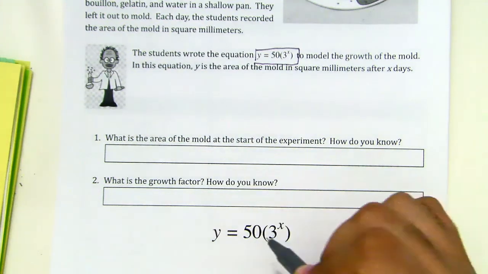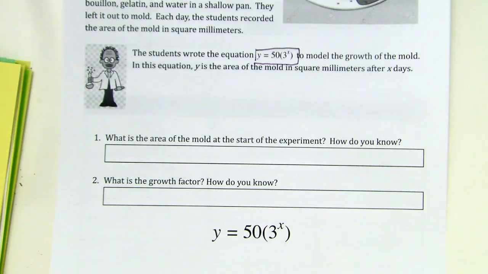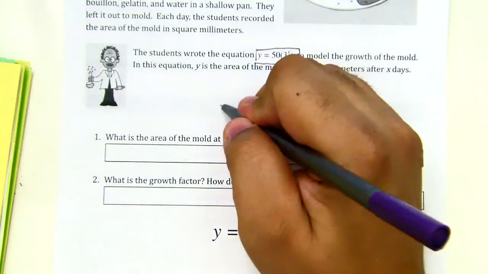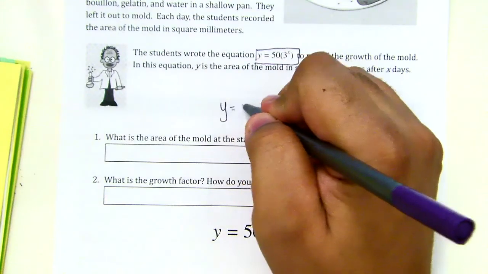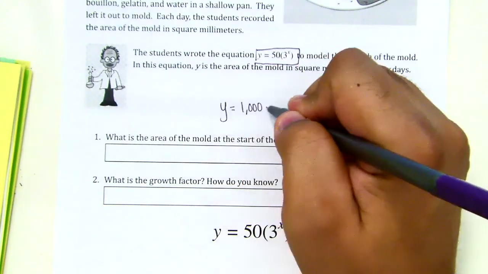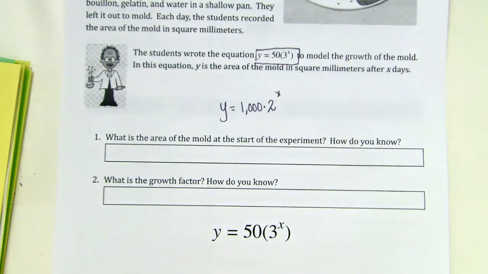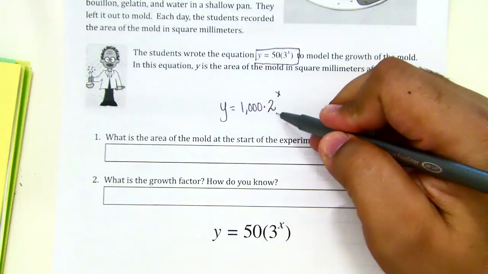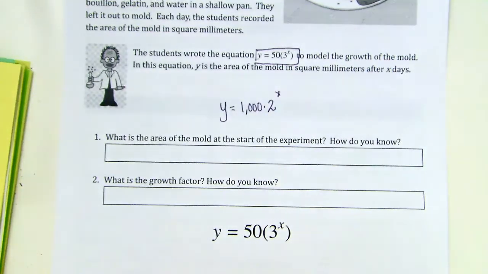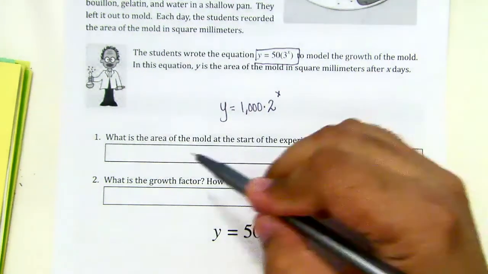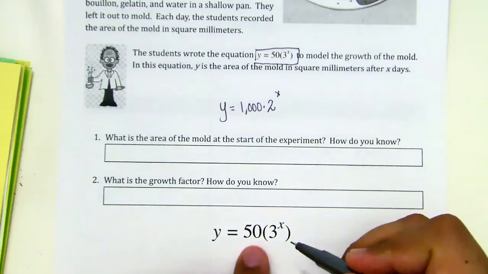So looking at this equation here, I'm just going to think back to the equation that we saw yesterday. The equation yesterday was y equals 1,000 times 2 to the power of x. And remember, the 1,000 was how much of that plant started off on the lake, and the plant was doubling every month. So we've got a similar relationship here. In this case, the starting area of mold is going to come from here.